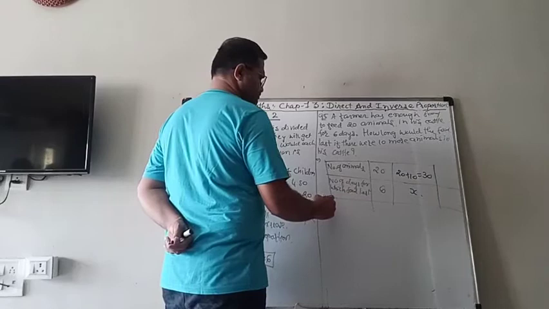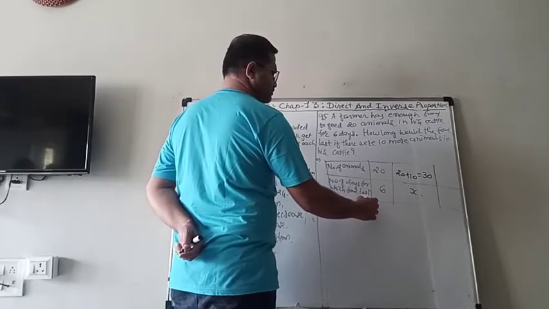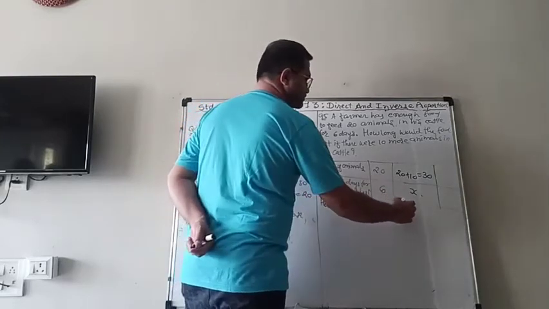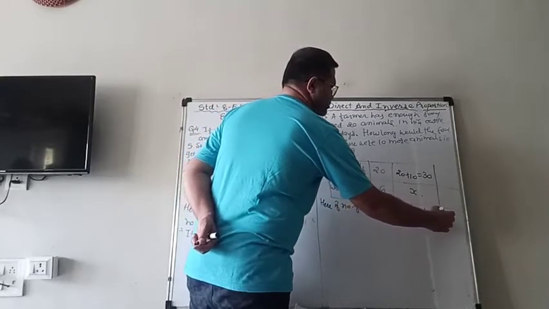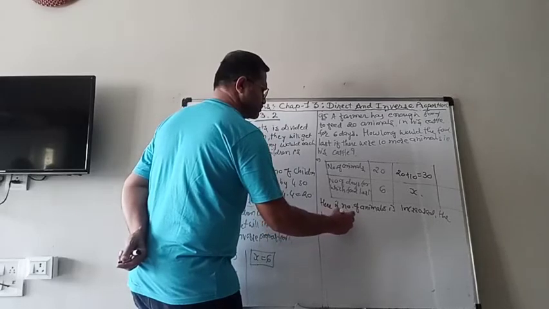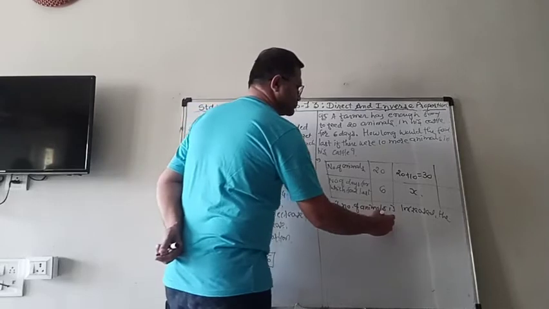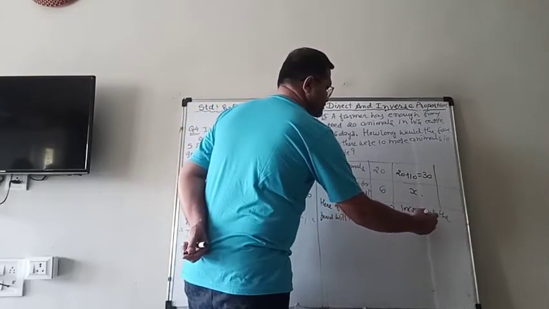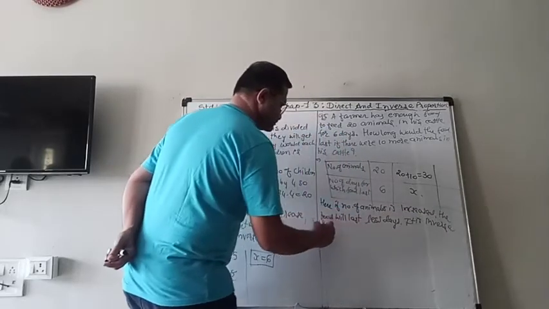So here, if number of animals is increased, the food will last less days. So it is inverse proportion.